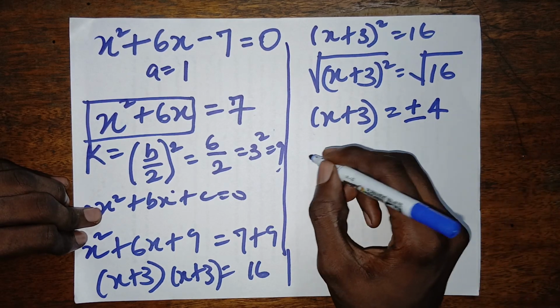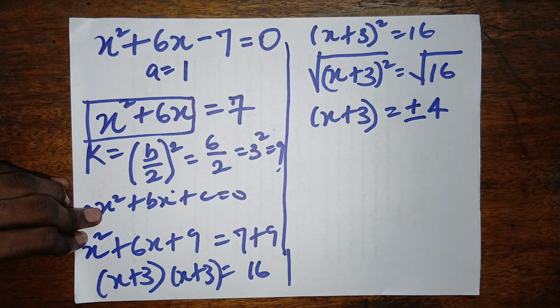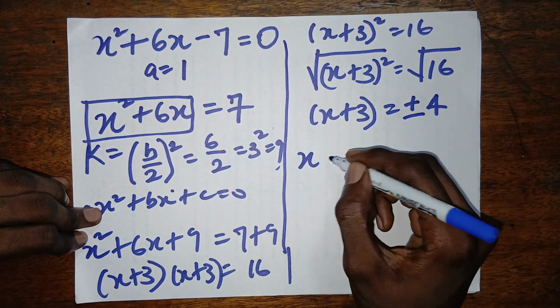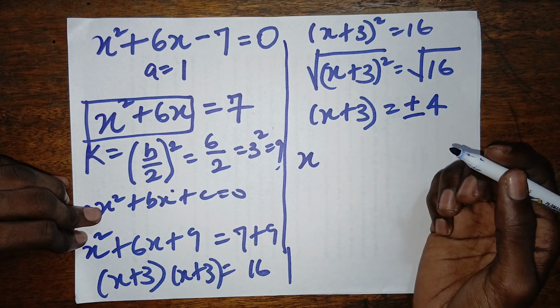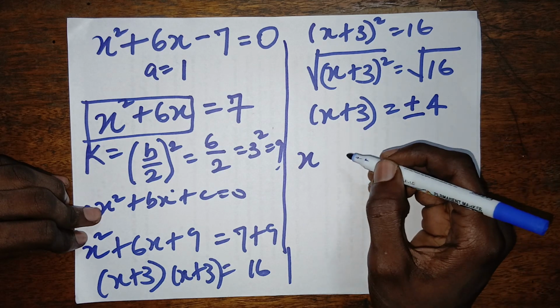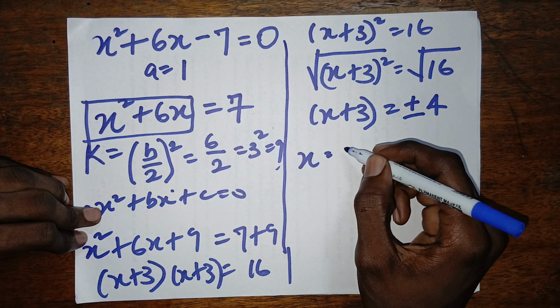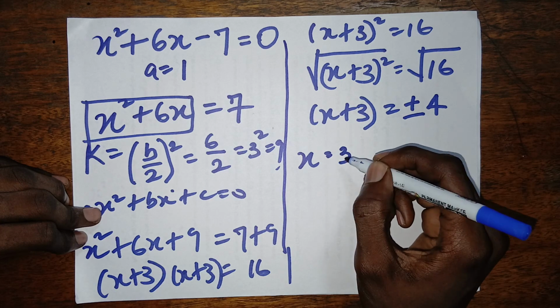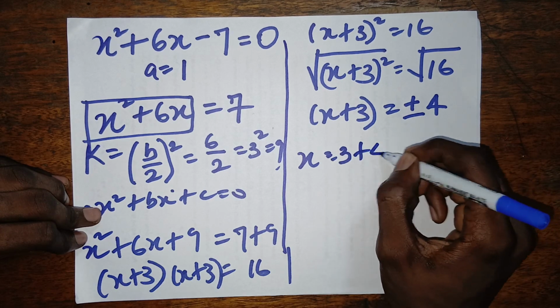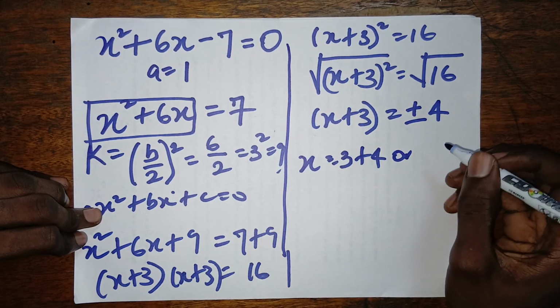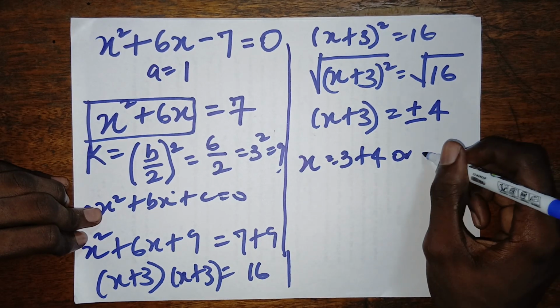Then this will lead us to two separate equations, since most quadratic equations have two answers. So we have x equals minus 3 plus 4, taking the first one, or minus 3 minus 4.